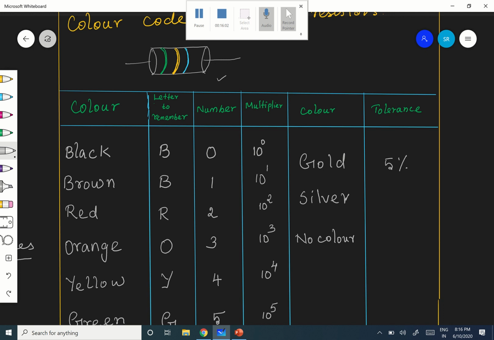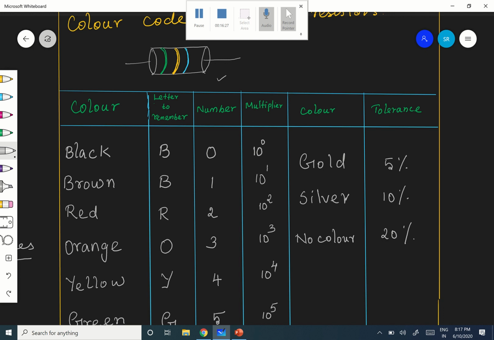This is the resistance color code, but there may be some plus or minus tolerance. This much of tolerance, okay, 20%. Therefore the error, you can even say plus or minus 5%, plus or minus 10%, like that. Now come back to this. Once I explain, I think you'll come to know.